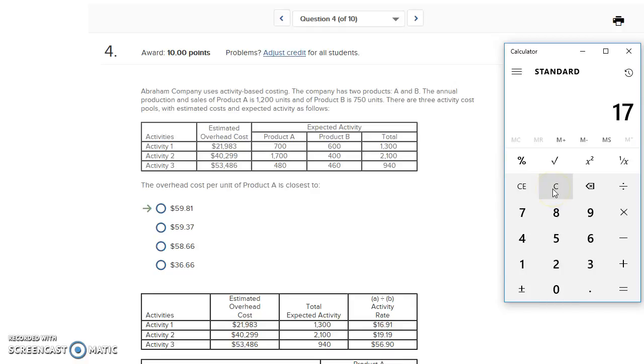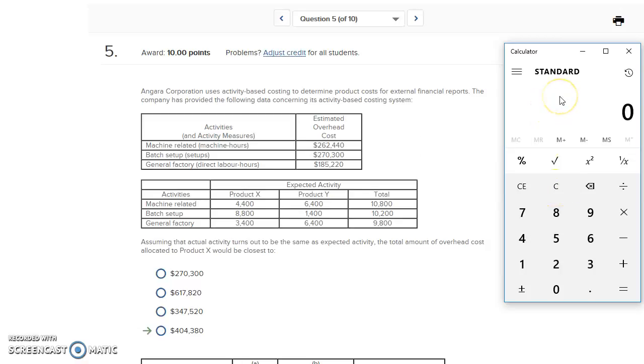And we had 1,700 sifts times 19.19, 32,623. And 480 molds times 56.90. So 27,312. So I'm going to add all these together. Plus 32,623 plus 11,837. Okay, and we're making 1,200 of these, divided by 1,200. So there is your cost per unit.